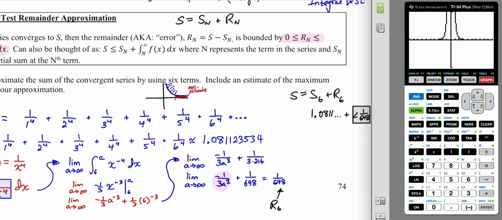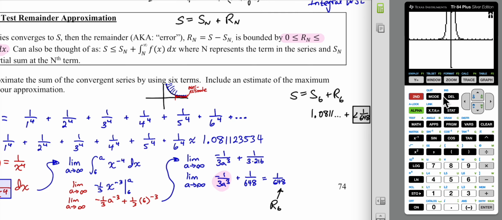So 1.0811 blah blah blah, we know that that's the first 6 terms of the sum added together. The remaining part of the sum, so if I were to go out to infinity, everything else from the 7th term on to the infinity term would never amount to more than 1 over 648.